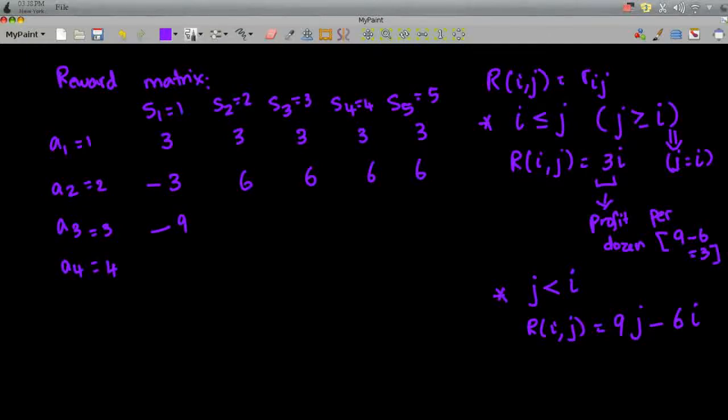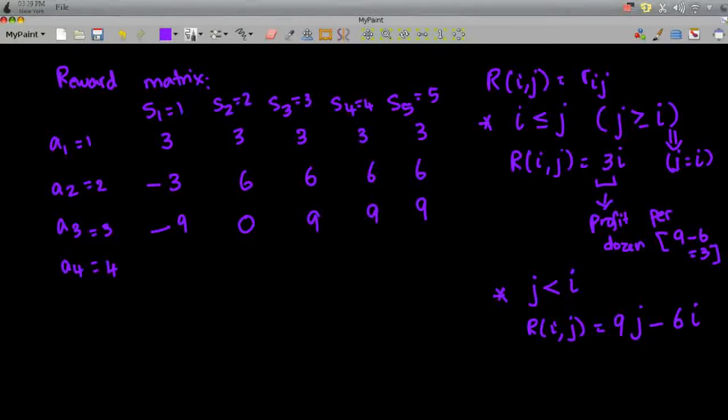And when you plug in j as 2 and i as 3, you would get 18 minus 18, you would get 0. Then the i's and the j's are the same, so you have to use the first piece, so you just get 9, 9 and 9.